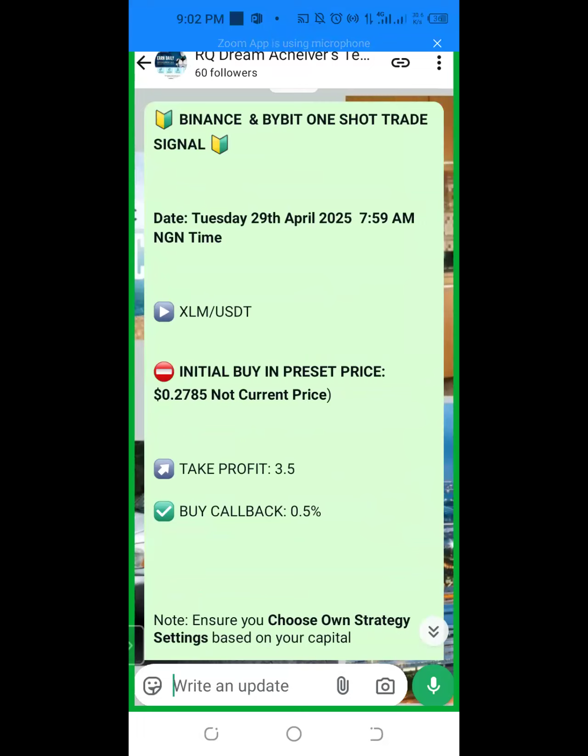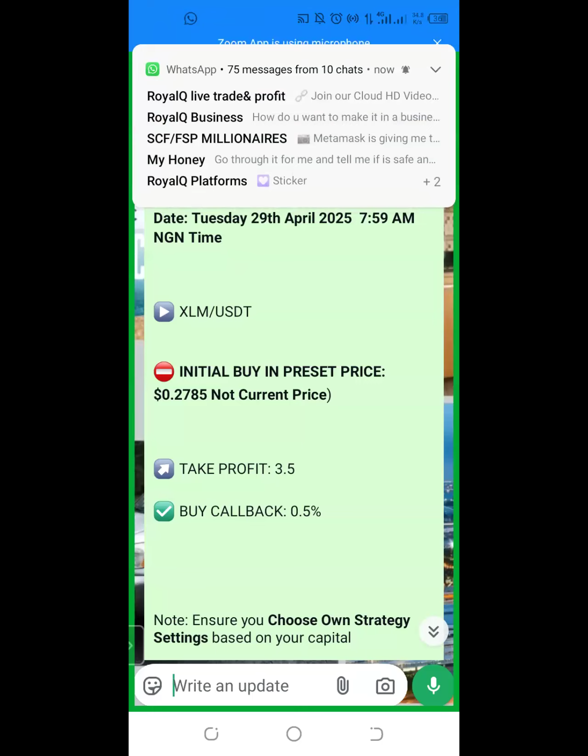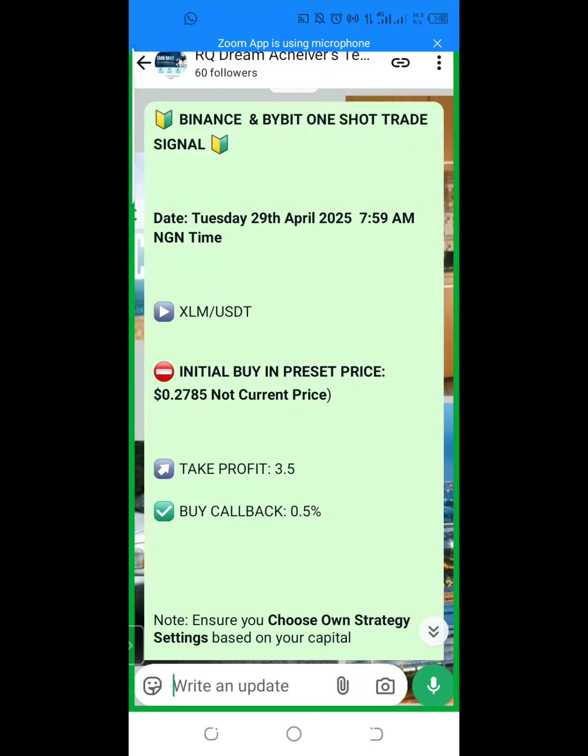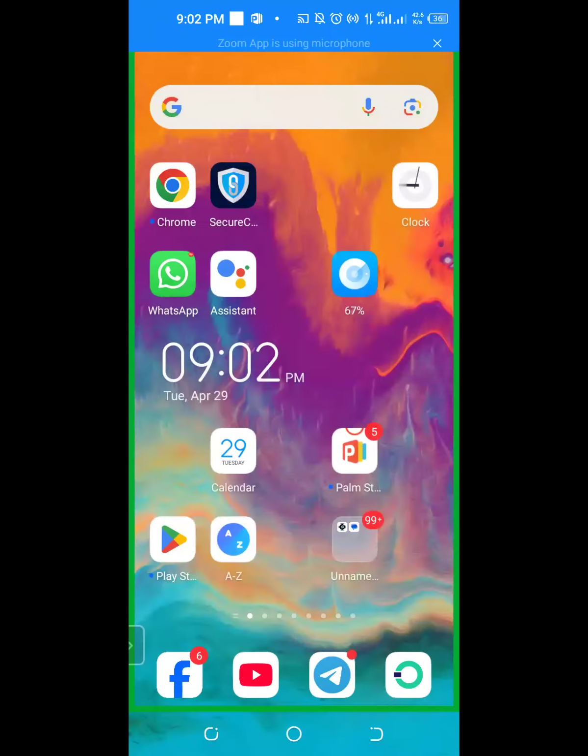I don't want that at all. When I send a preset price, which is called the initial buying price, the trade might not start immediately. A lot of people ask me why it's not running or has not triggered, but I'm trying to avoid us getting stuck. It's very painful when we enter a trade and it takes long to deliver.